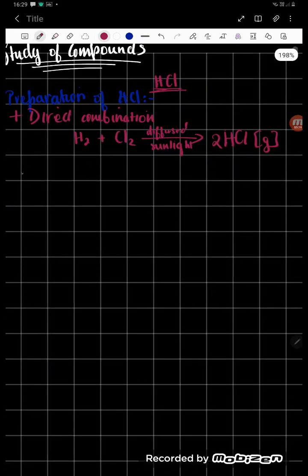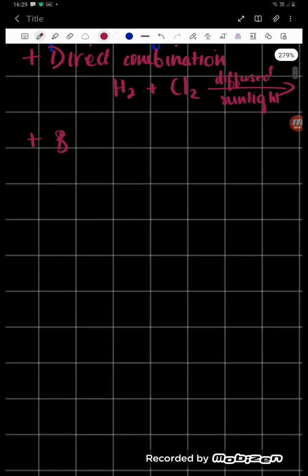Another method of preparation is by reaction of metallic chlorides with concentrated sulfuric acid. This is also the laboratory method, and so I'm just going to write it as lab method here.